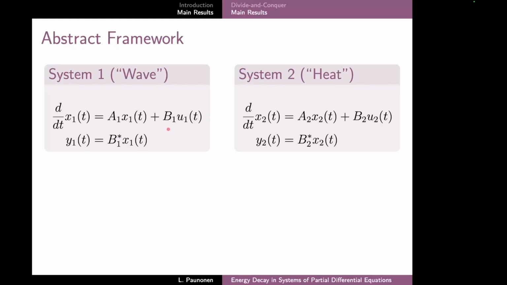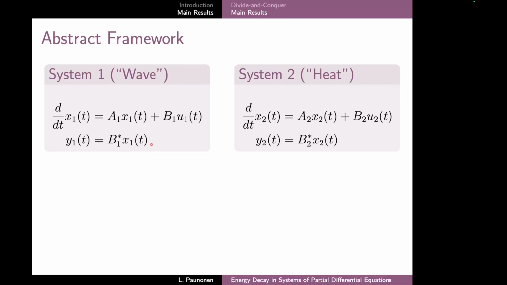And then the operators B1 and B2 describe how the inputs of our systems affect the behavior of the differential equation. And then finally, B1 also describes how the measurement of the output of the system depends on the solution or state x1 of the differential equation.